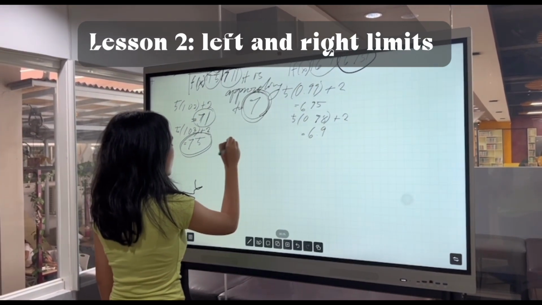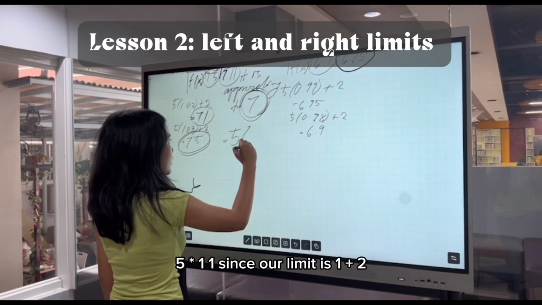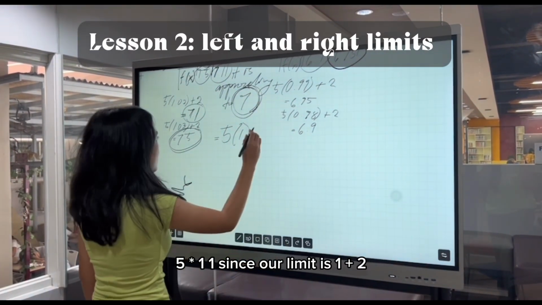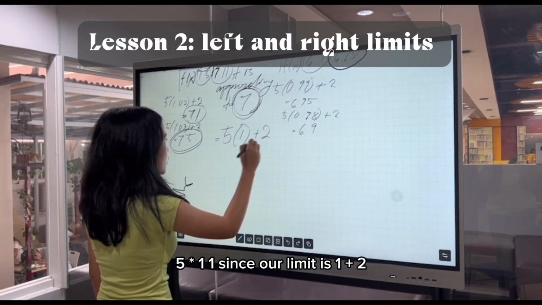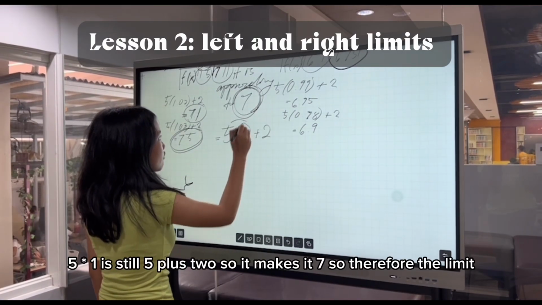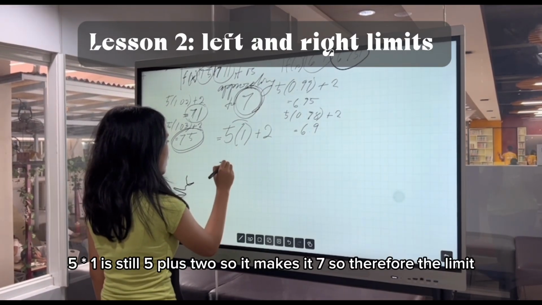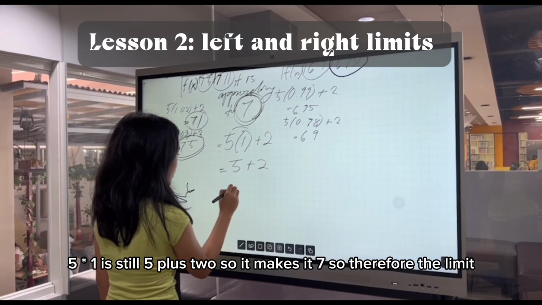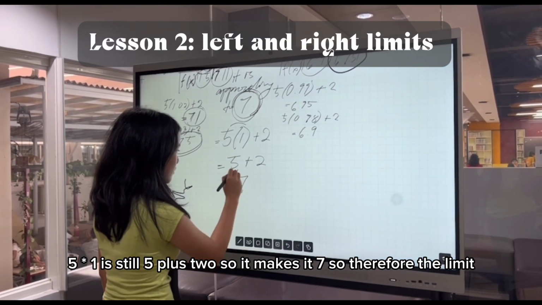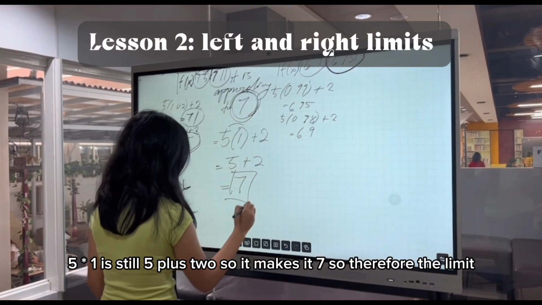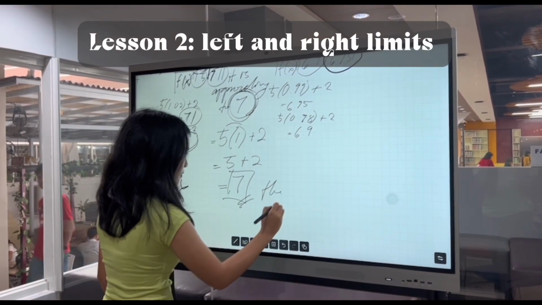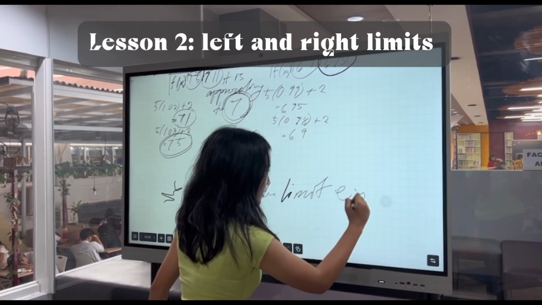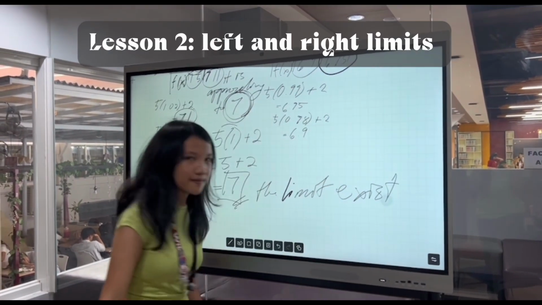So 5 times 1, since our limit is 1, plus 2. 5 times 1 is still 5, plus 2. So it makes it 7. So therefore, the limit is 7.